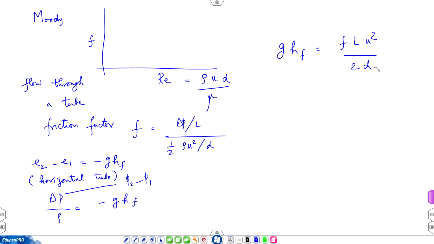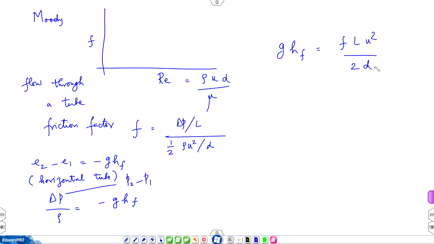I am just combining all those expressions. So, instead of giving you Hf as 5 meters or 20 meters, losses are connected to velocity, length and diameter as well as fluid properties.